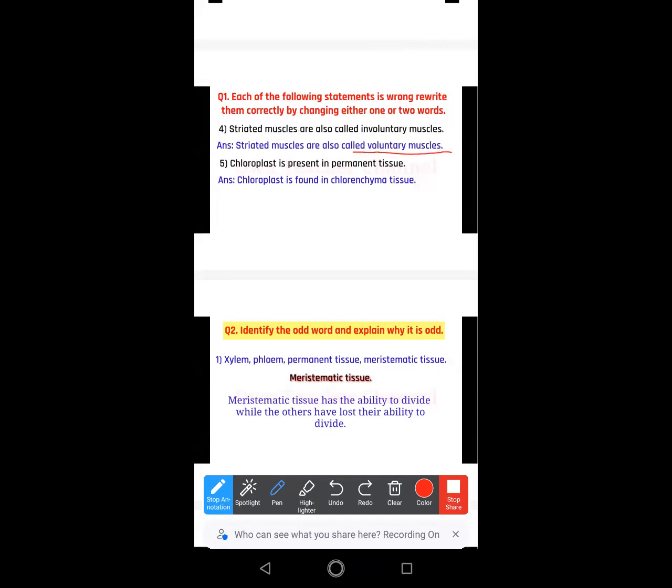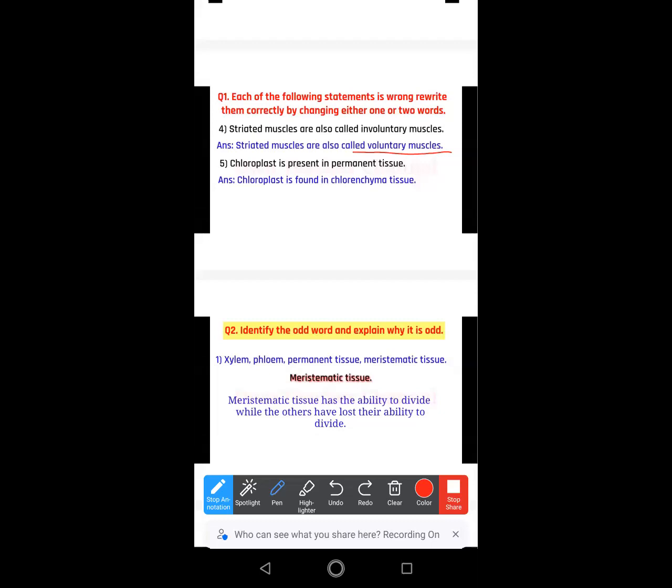Look, students, actually in this question, the opposite of that will also come. So you have to identify the correct statement and what the wrong word is that is written here. You have to correct it. So you can say, what is the opposite of involuntary muscles?